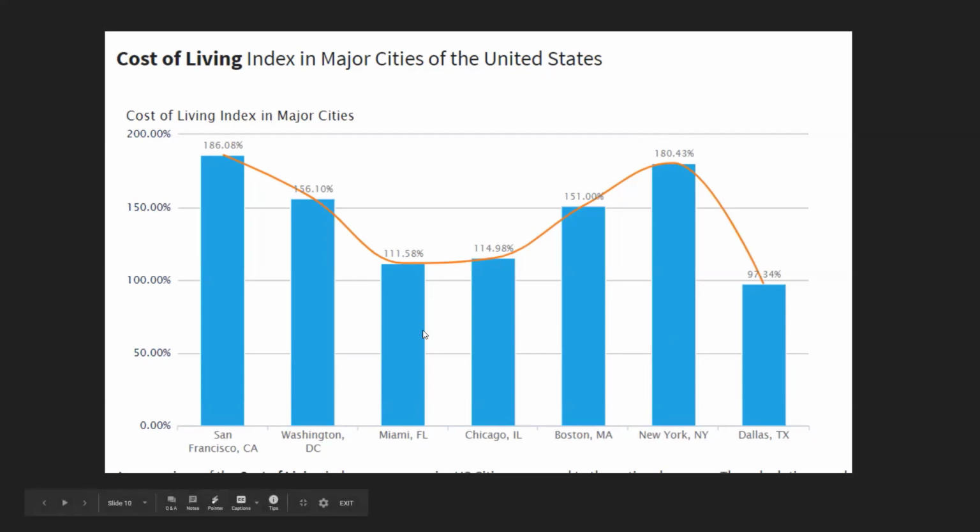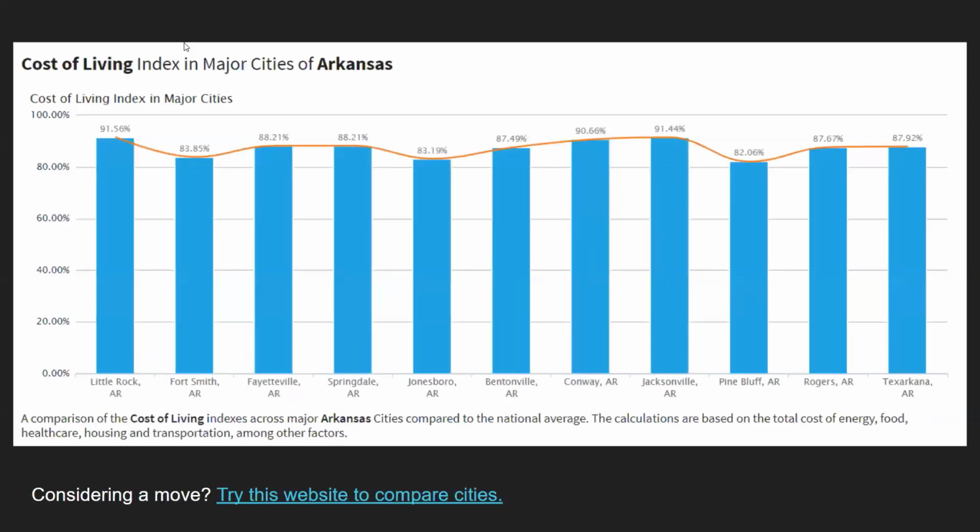So this is a comparison. The cost of living index helps us compare prices and cost of living for different locations. The consumer price index is more for goods and services, while this is your overall cost of living in a location. Okay, I have one or two more. So this would be for Arkansas.